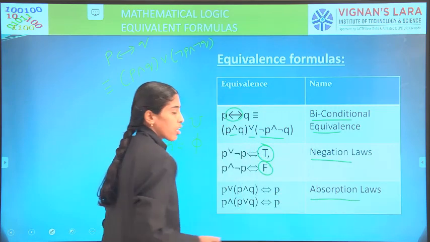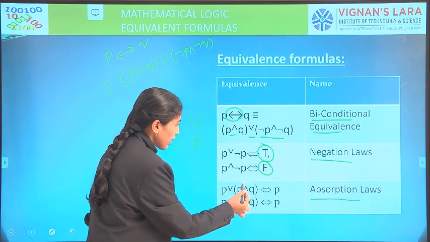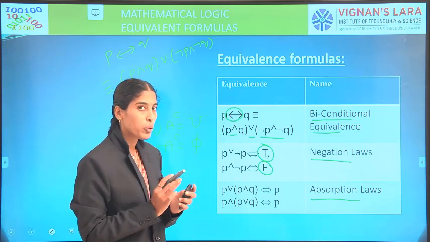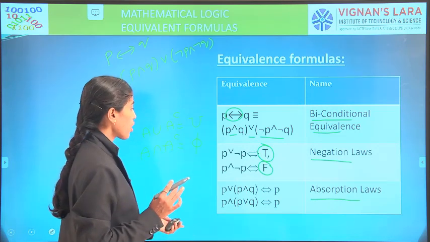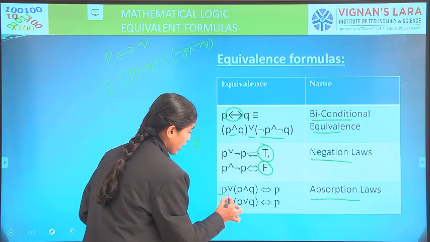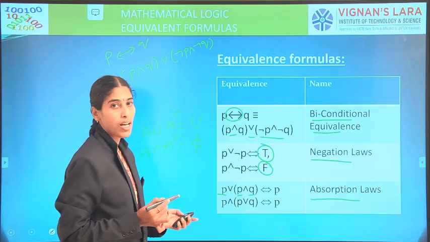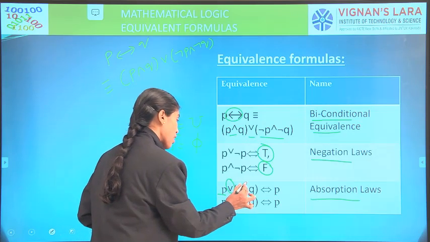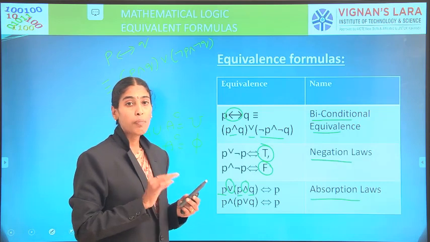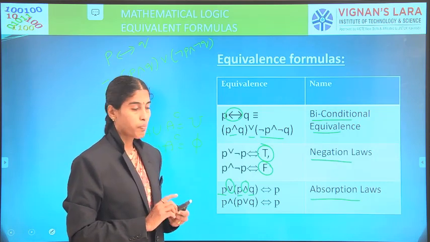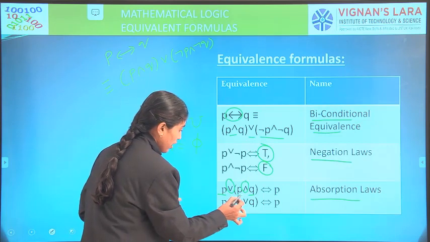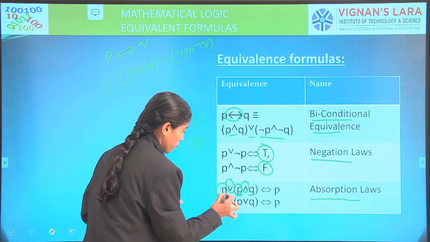Next, absorption law. It is also a very important law, but don't confuse distributive law and absorption law, because distributive law is also applicable for 3 variables, and here also 3 variables are there. One symbol is OR, the other symbol is AND. Distributive law is applicable for 3 different variables, whereas in absorption law, if you observe here, this P is repeated twice.